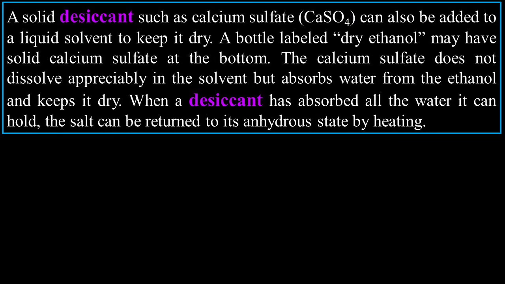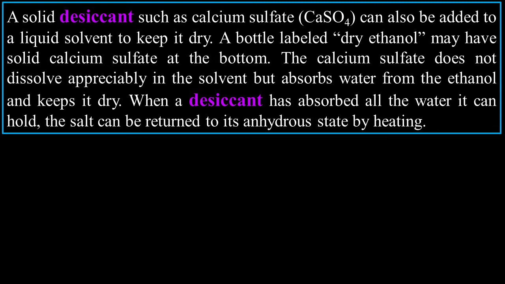A solid desiccant such as calcium sulfate can also be added to a liquid solvent to keep it dry. A bottle labeled dry ethanol may have solid calcium sulfate at the bottom. The calcium sulfate does not dissolve appreciably in the solvent but absorbs water from the ethanol and keeps it dry.